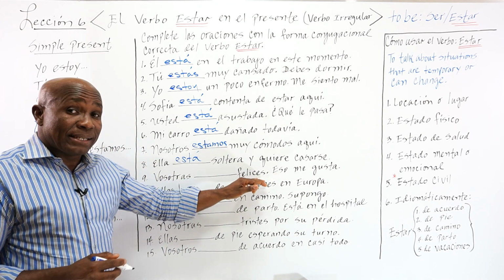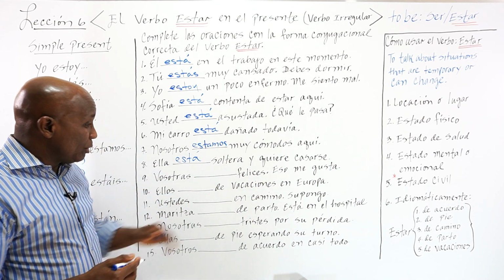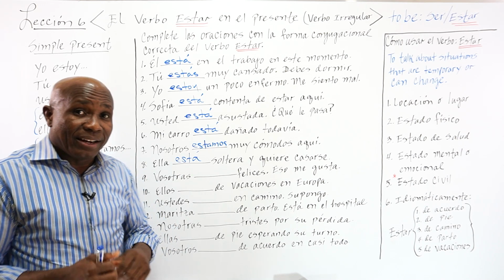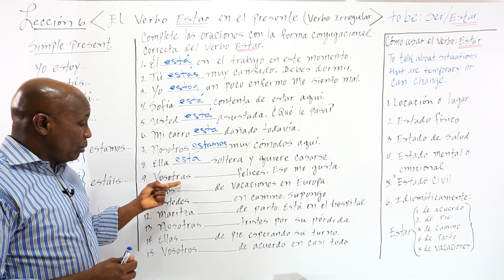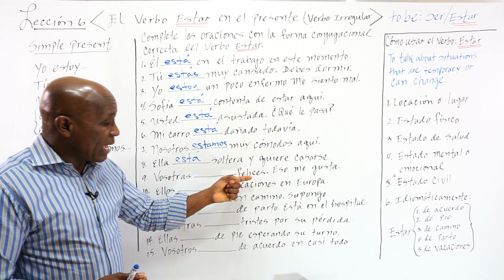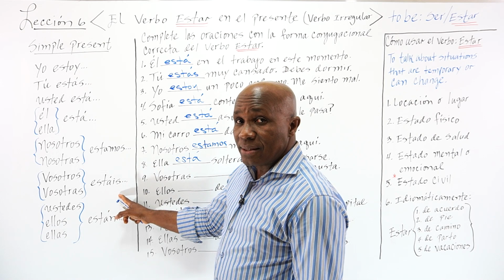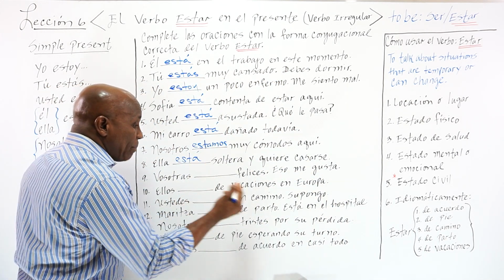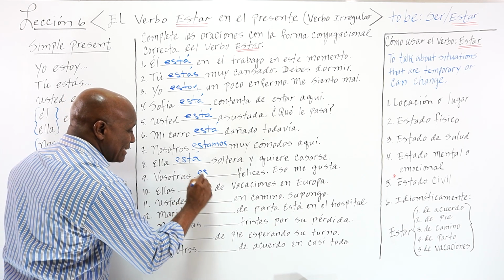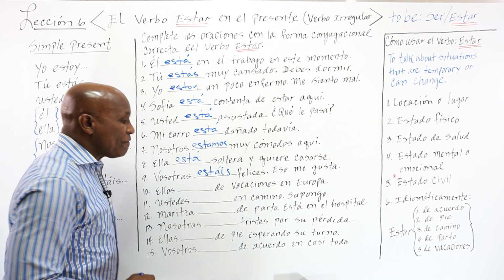Vosotros, felices. Felices, that's happy, right? In the plural. And here again, we're taking into account the number and the gender. Vosotras estáis felices. Like you are happy, right? Estáis. Vosotras estáis felices.